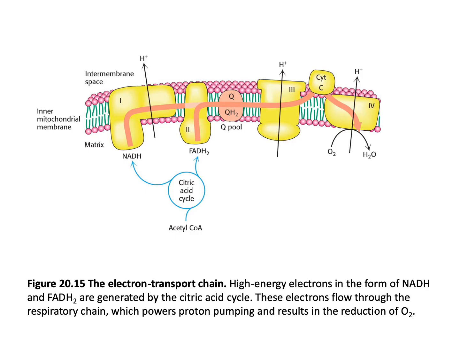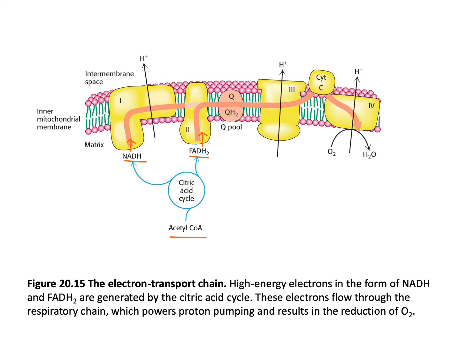Let's put things all together. In chapter 19, we learned that acetyl-CoA enters the citric acid cycle and produces high energy electrons carried by NADH and FADH2. The NADH enters the electron transport chain through complex 1, and FADH2 enters the electron transport chain through complex 2.